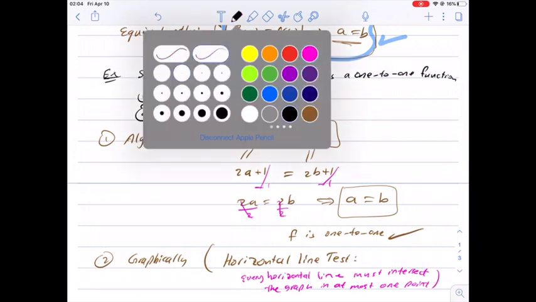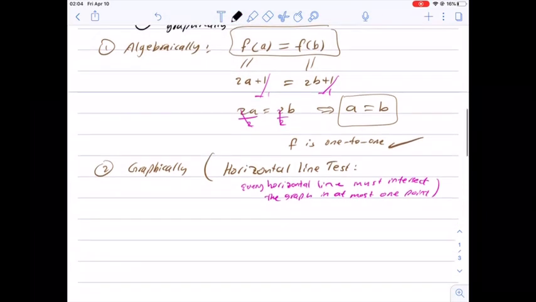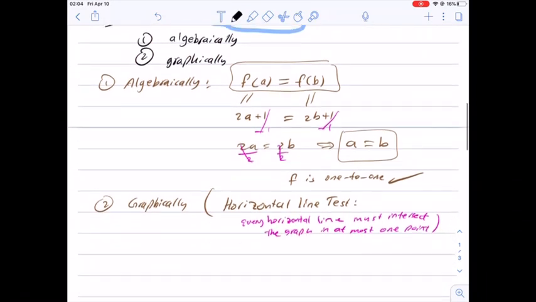So if we graph a horizontal line, then that line will intersect the graph in at most one point.